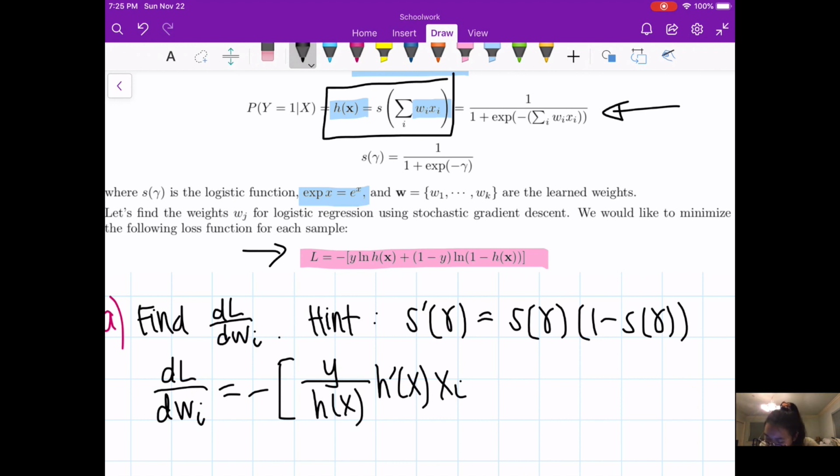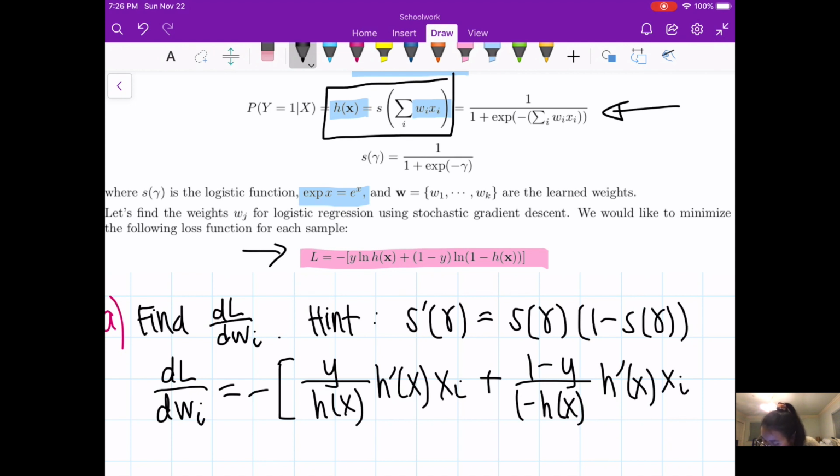Now we have to do the same with the second term. So we have plus, with the same pattern of 1 minus y on top and 1 minus h of x in the denominator. Then we multiply by h prime of x, and we would also have an additional xi out here for the same reason.